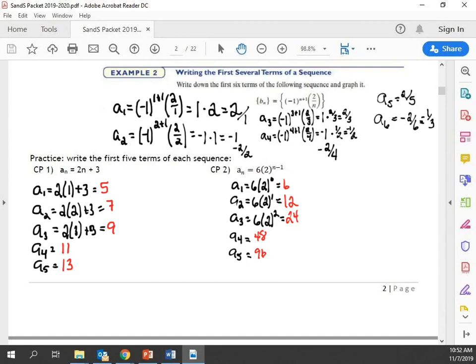Is there a pattern there that you see, guys? I'll say it again. Times 2, it's doubling every time, isn't it? Where do you see 2 in the equation? In the middle. It's actually the number that's being raised to a power, isn't it? It's the one that's raised to an exponent.